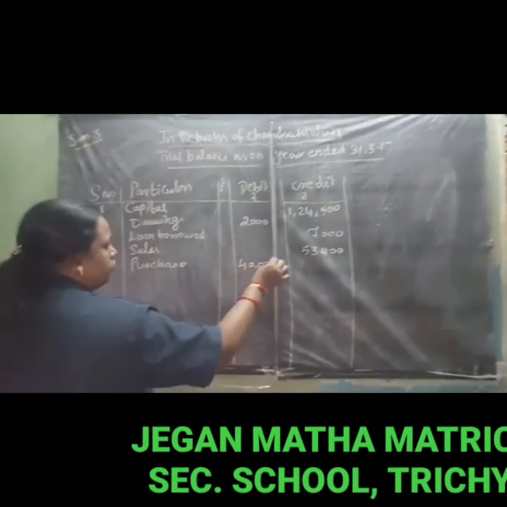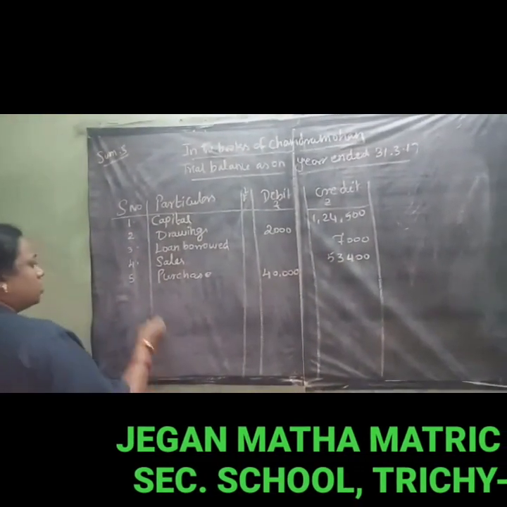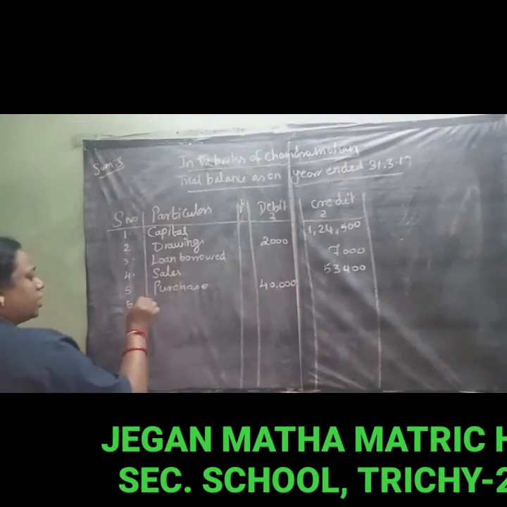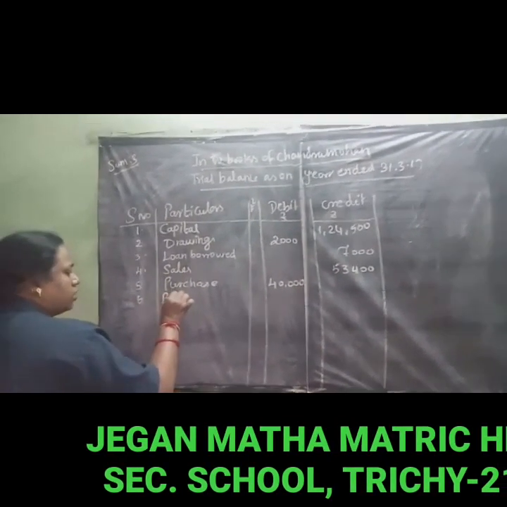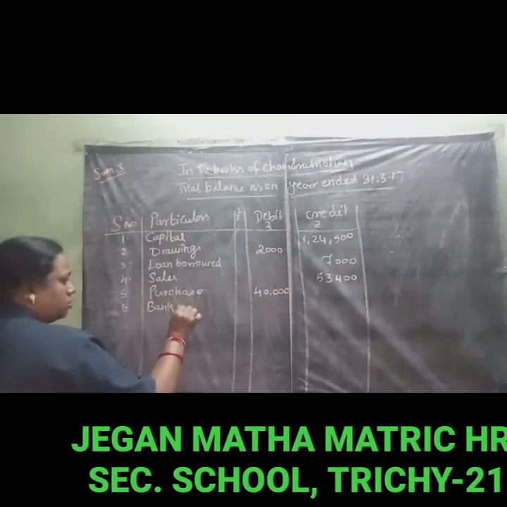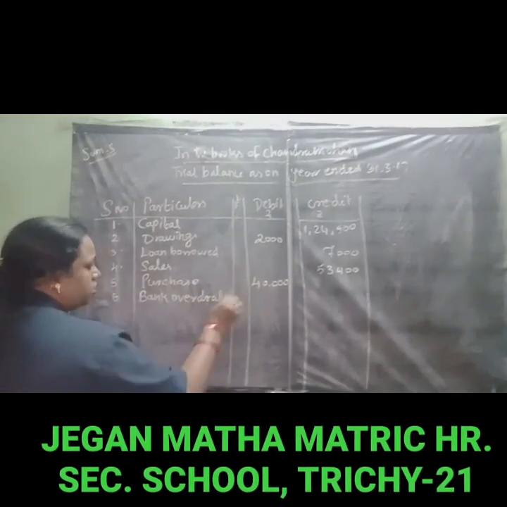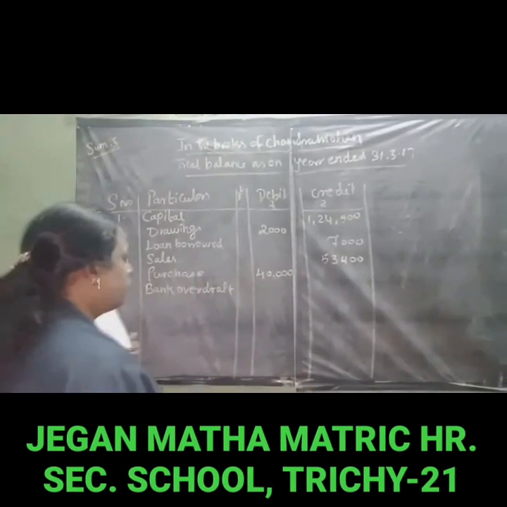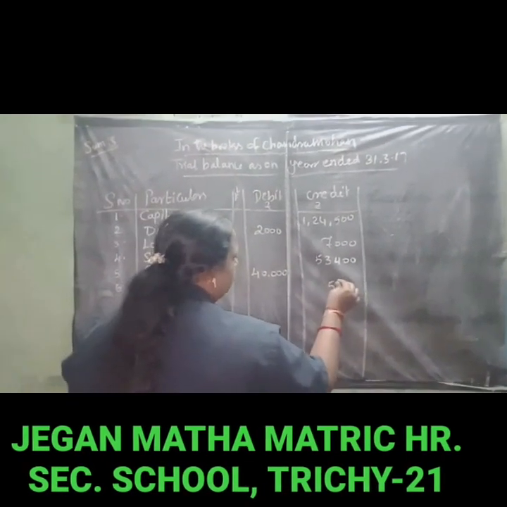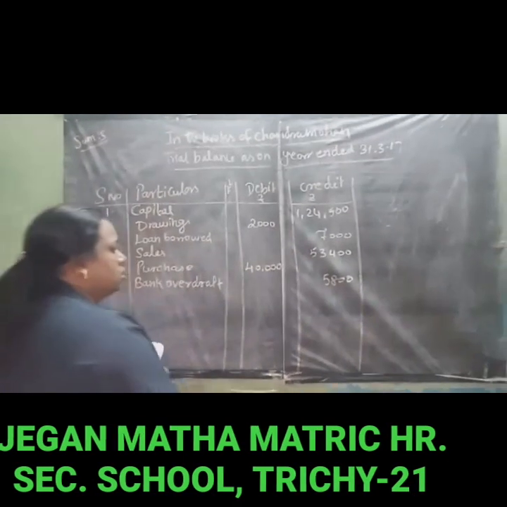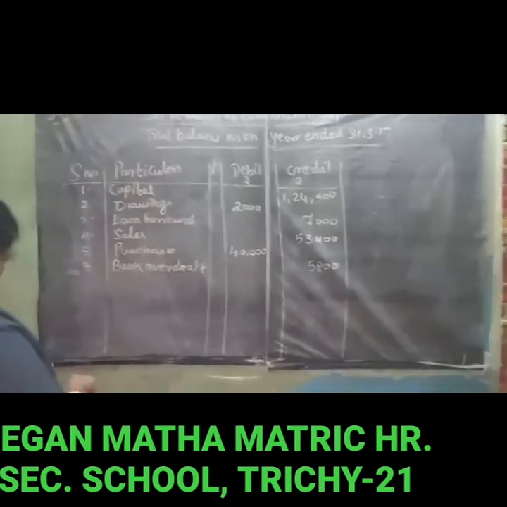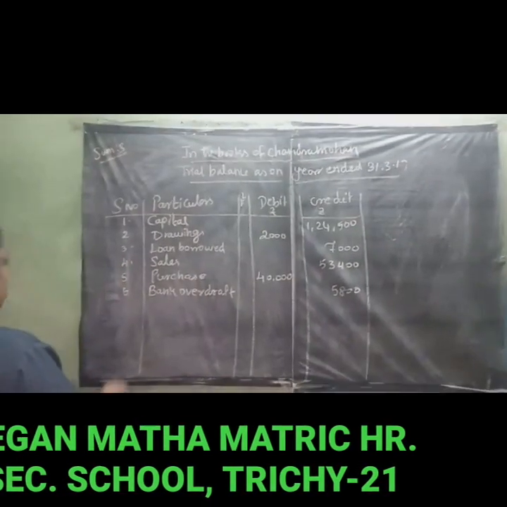Next, bank overdraft, liability. So liability, write on the credit column. So bank overdraft 5,800.